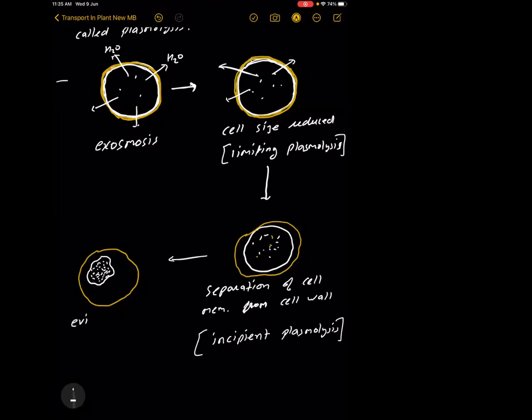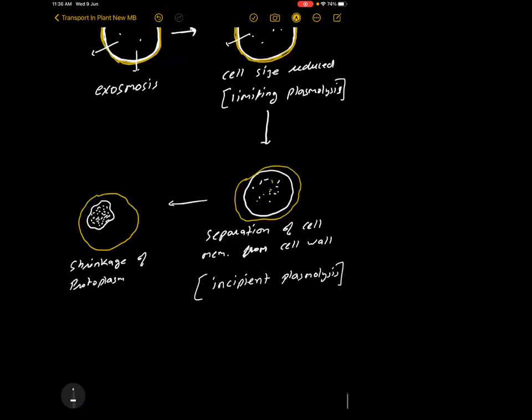This is shrinkage of protoplasm, and that is called evident plasmolysis.